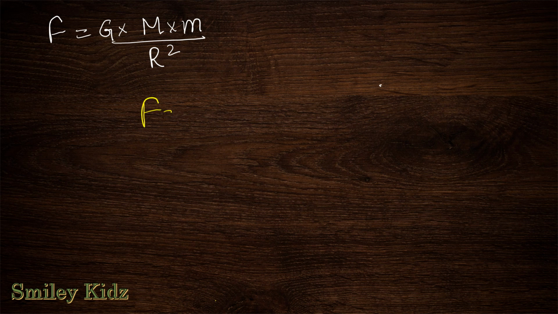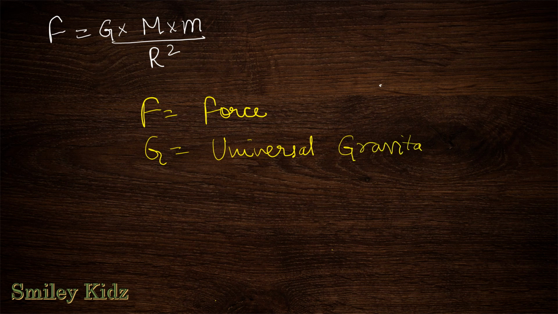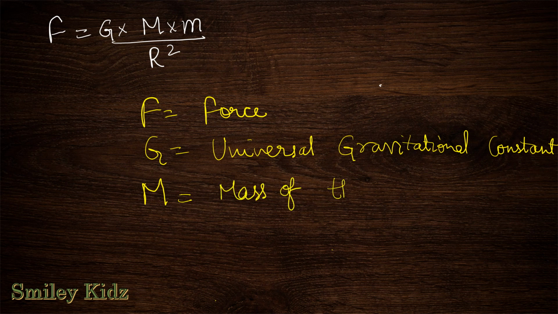Here F stands for the force, G stands for the universal gravitational constant, and M, that is the capital M, stands for the mass of the earth, and small m stands for any object that is lying on the earth.